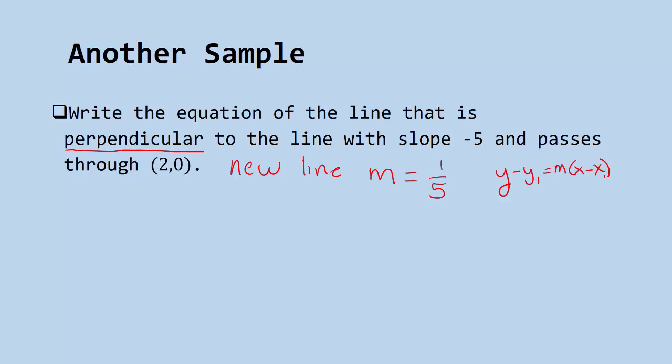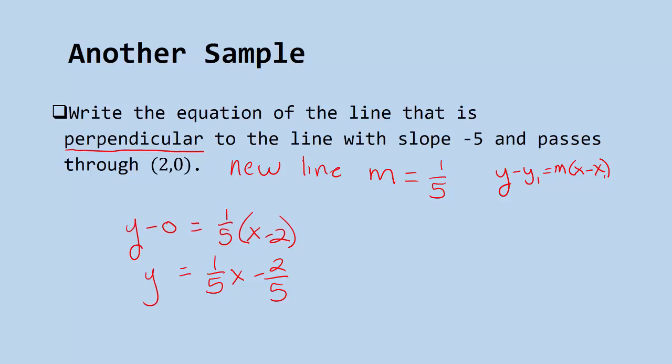So plugging my numbers in, I have the point 2, 0, so y minus 0 equals 1/5 times x minus 2. Go ahead and do the arithmetic. Well, y minus 0 is y. Distribute the 1/5, so 1/5 x minus 2/5. And there it is in slope-intercept form.